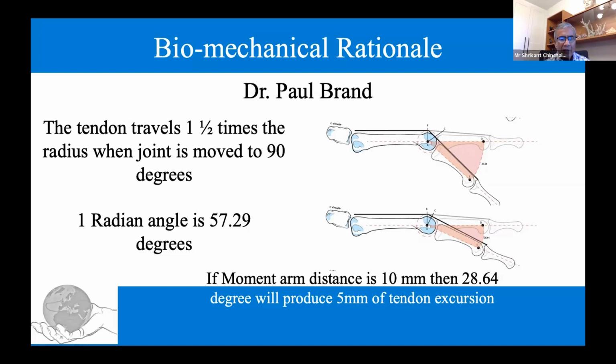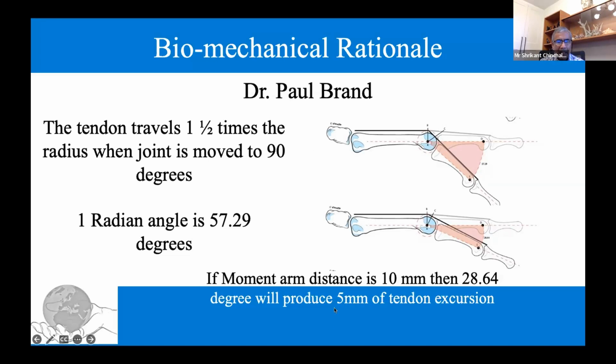So her analogy was such that she was trying to compare the amplitude of motion at the joint based on Duran's principle. We know that Duran mentioned in his article that 3 to 5 millimeters of tendon motion is adequate in preventing firm adhesion formation between the tendons, especially in a fibrous sheath.